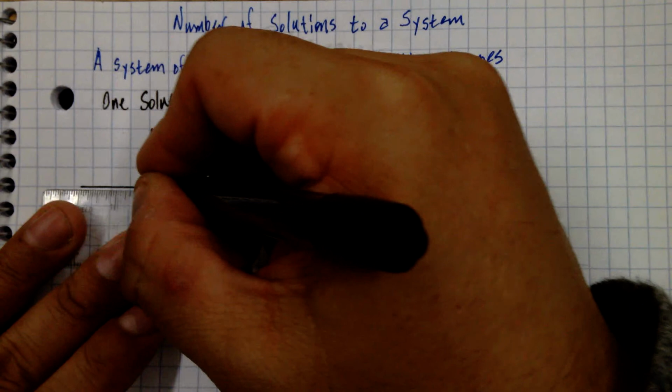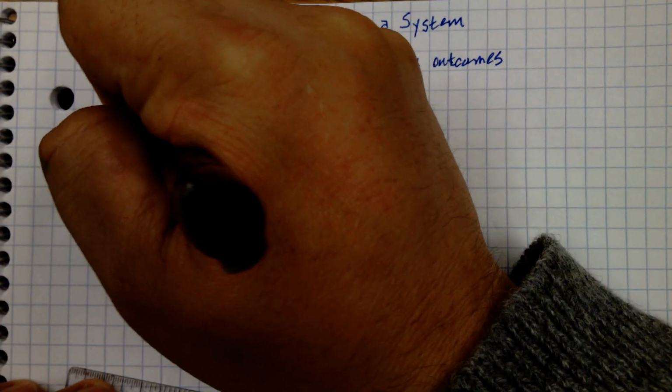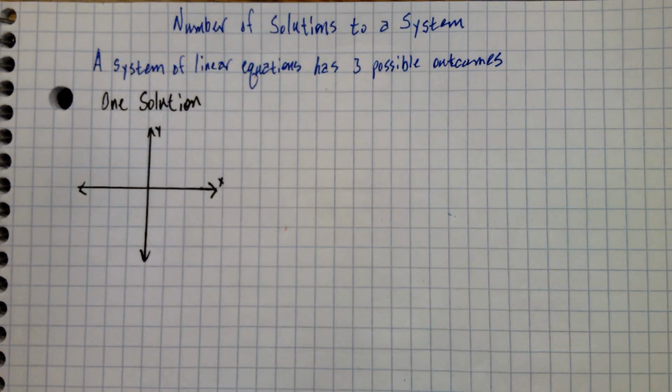There's the y-axis. Here's the x-axis. And normally, when you just have two lines, they will intersect at one place, and that's it.